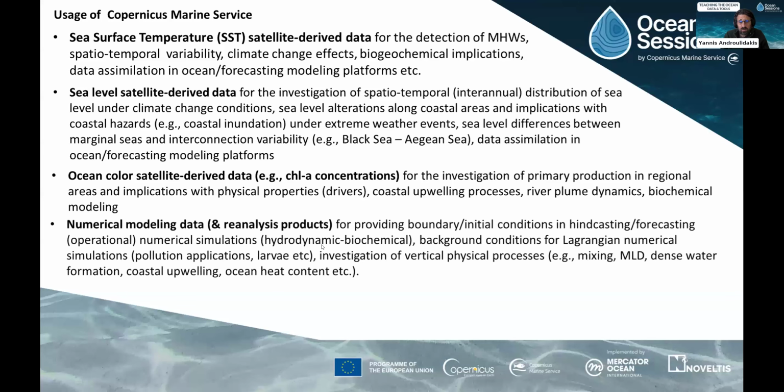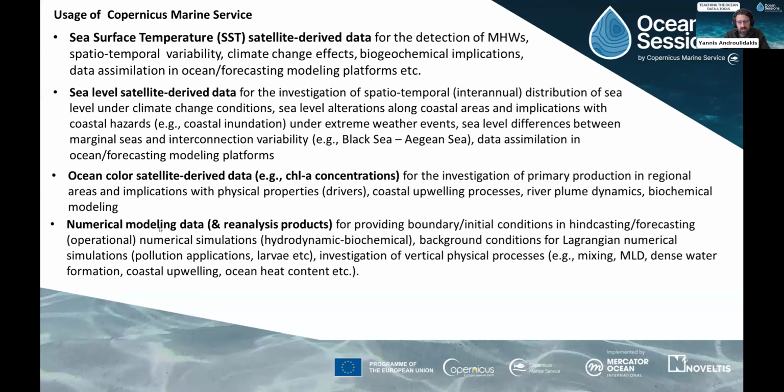And finally, we also use a lot of numerical data that are available in the Copernicus store, related mainly to developing boundary conditions for our numerical simulations, both hydrodynamic and biochemical, and also for Lagrangian numerical simulations for pollution applications, larvae dispersion, etc.